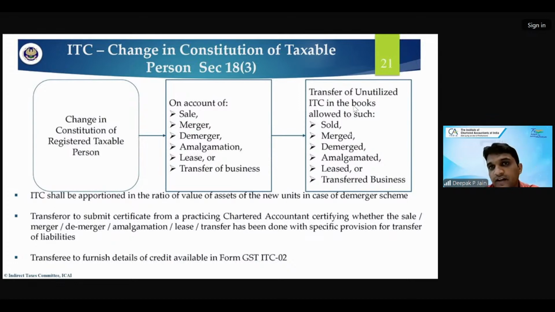ITC shall be in the ratio of the value of assets of the new units in case of a demerger scheme, and the transferor has to submit a certificate from a chartered accountant, and the transferor will file a form called Form GST ITC-02. This is how the transfer happens in case of a change of constitution, sale, merger, demerger, amalgamation, lease or transfer of business. The ITC will get shifted.